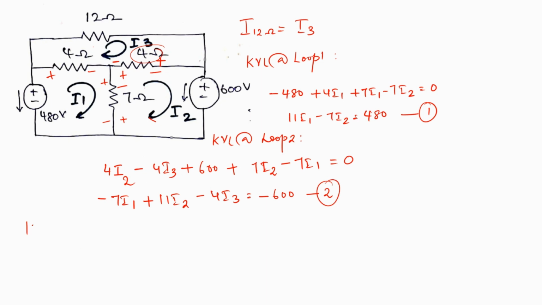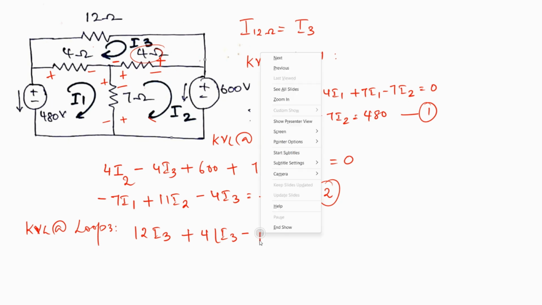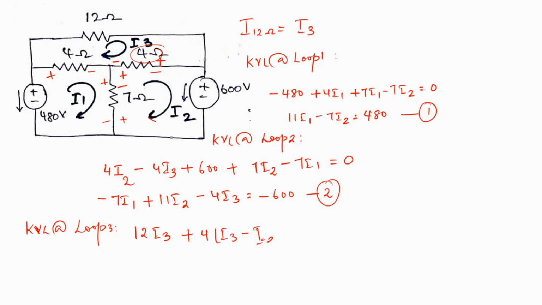Now if I have to apply KVL at loop 3. So this is my loop 3. I can write it as 12I3 plus 4 I3 minus I2 plus this 4 ohm resistor.